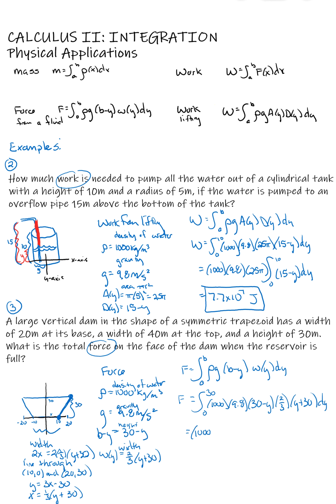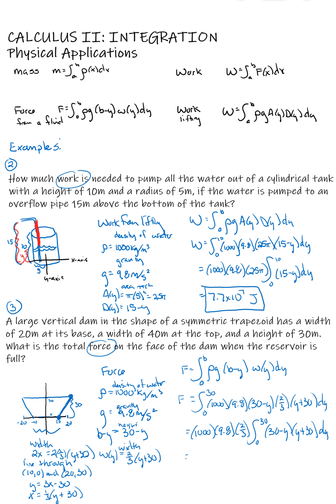Before doing all this, I think it's a good idea to factor out all of these constants. All that would be left inside the integrand is (30 minus y) times (y plus 30). All the others can be factored out.